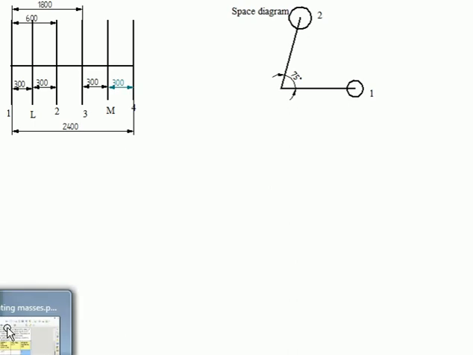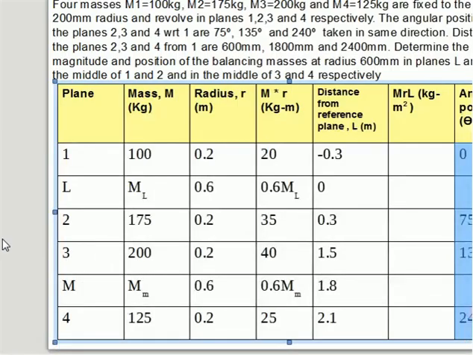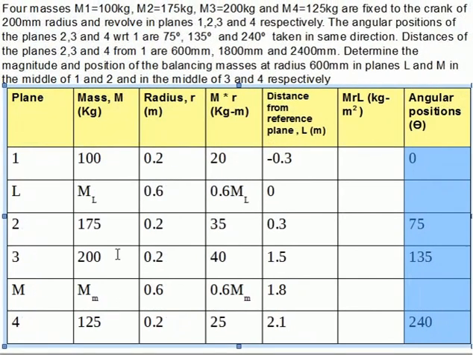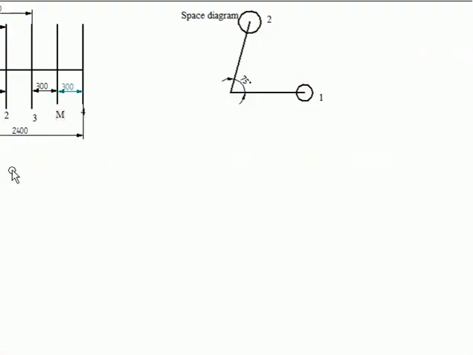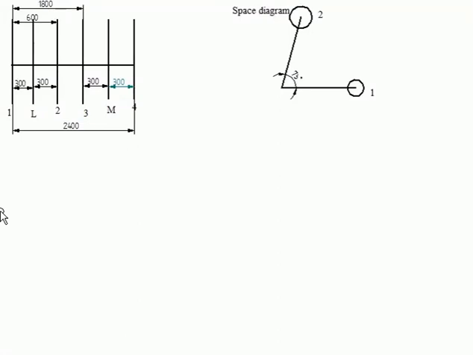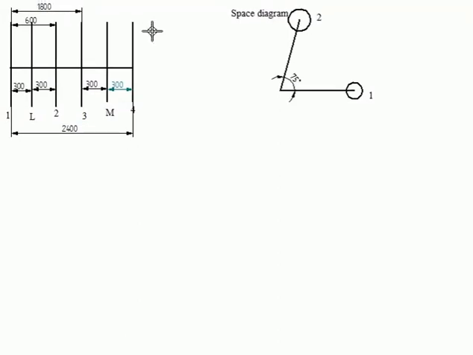Next, mass 3, radius is 0.2 and it is inclined at 135 degree. So mass 3, its radius is 0.2 again, inclined at 135 degrees. So this represents mass 3.